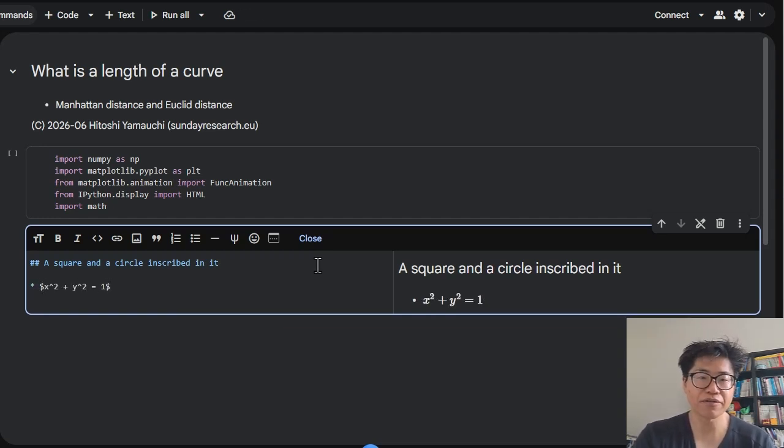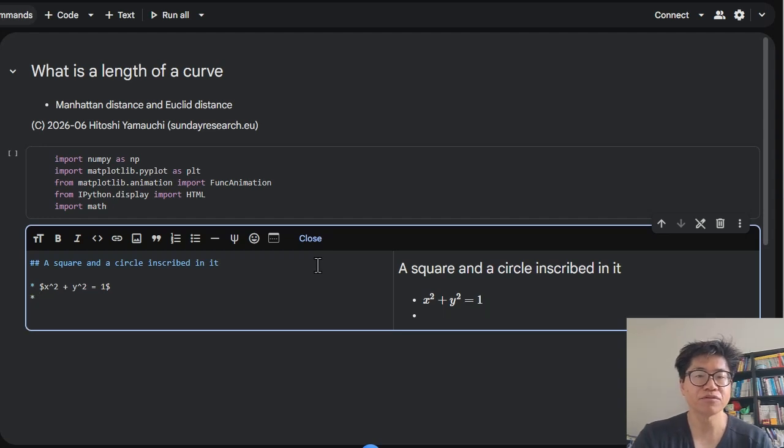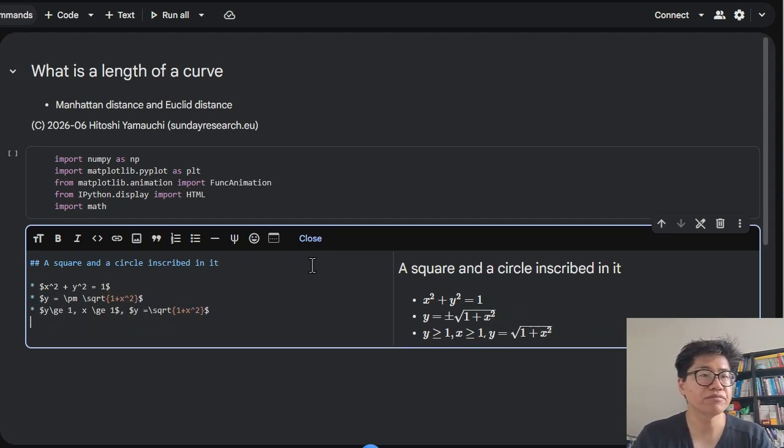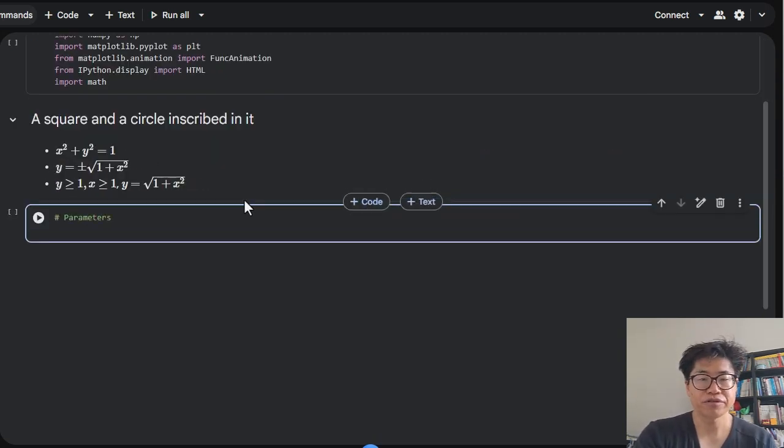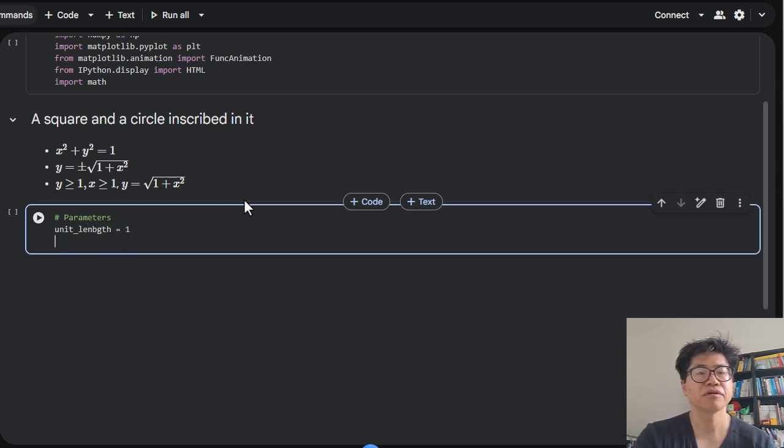This is the Pythagorean theorem, but for simplicity, I want to draw in the first quadrant only. Okay, let's implement this one. The unit length is equal to 1. And what is the spatial resolution?